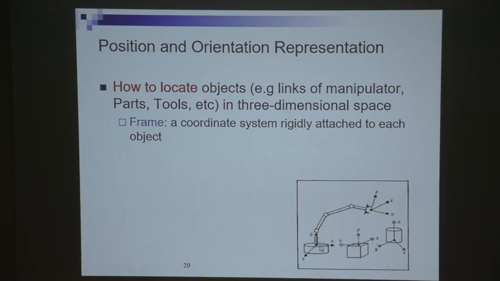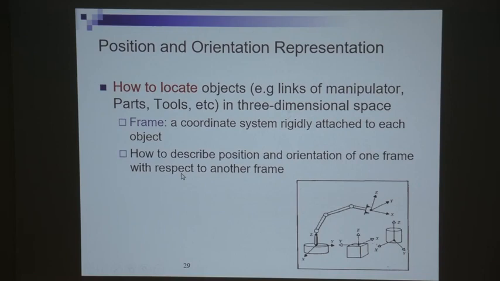So not only for the robot manipulator do you need a frame for the end effector point as well as the base of the manipulator, you also need a frame for the object that you're about to manipulate. You also need to describe the position and orientation of one frame with respect to another frame.